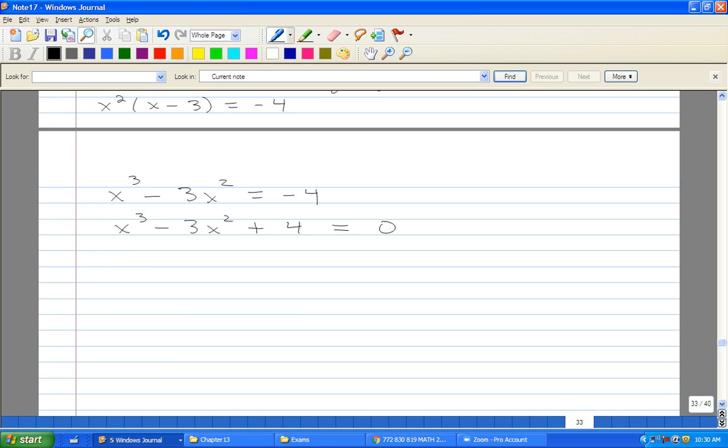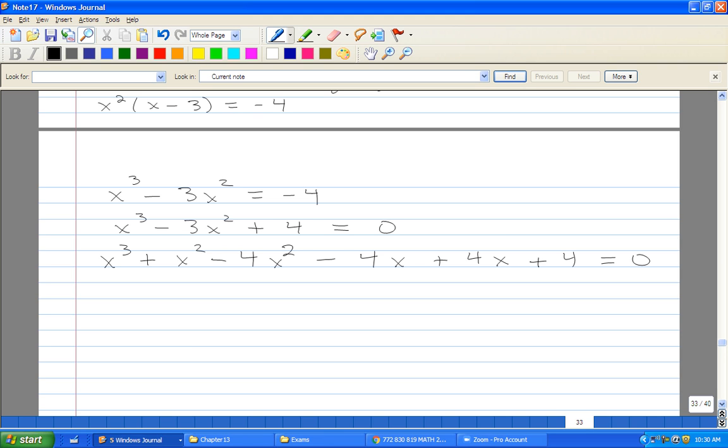So let's write this as x cubed plus x squared minus 4x squared, no, let's do minus 4x plus 4x plus 4.